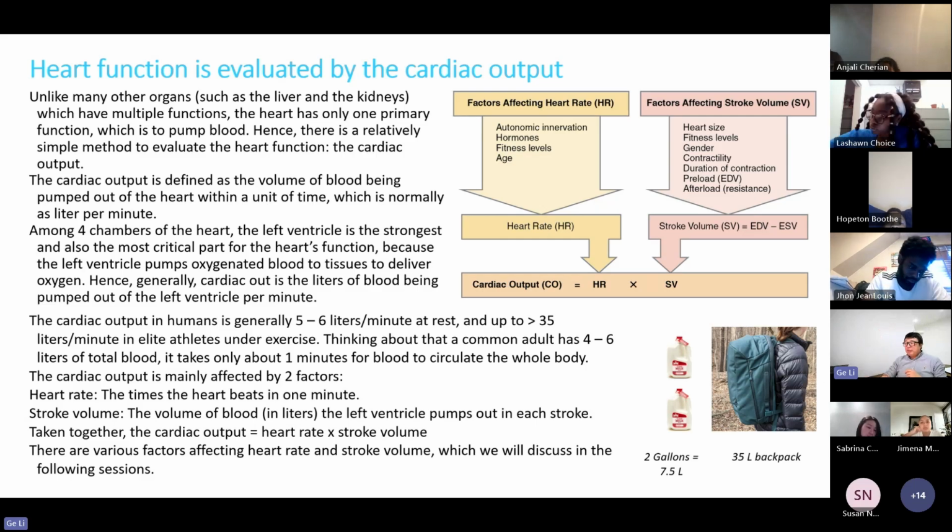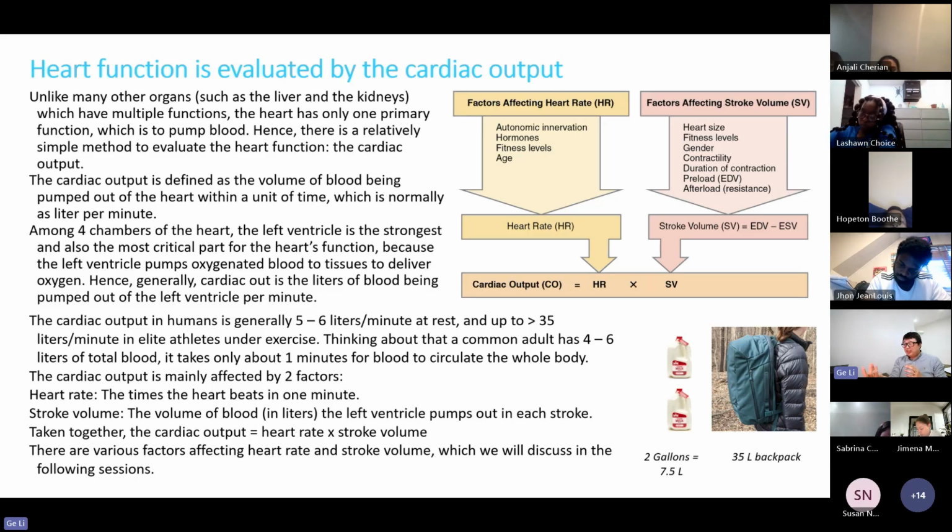What can determine the cardiac output? There are two things. One is the heart pumping the blood per beat, right? Pump, pump. For the heartbeat, how many times can the heart beat in 1 minute?